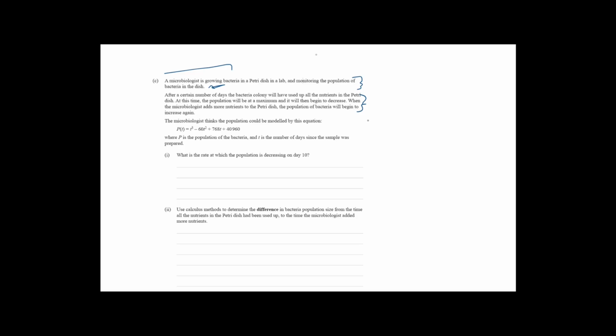The microbiologist thinks the population could be modeled by this equation, which is probably a Taylor series approximation, where P is the population of bacteria and T is the number of days since the sample was prepared. What is the rate at which the population is decreasing on day 10?